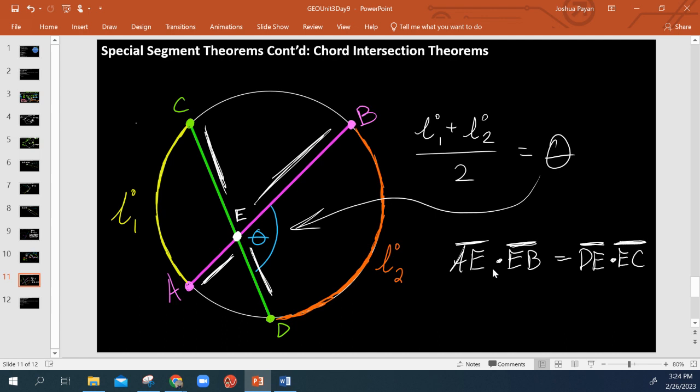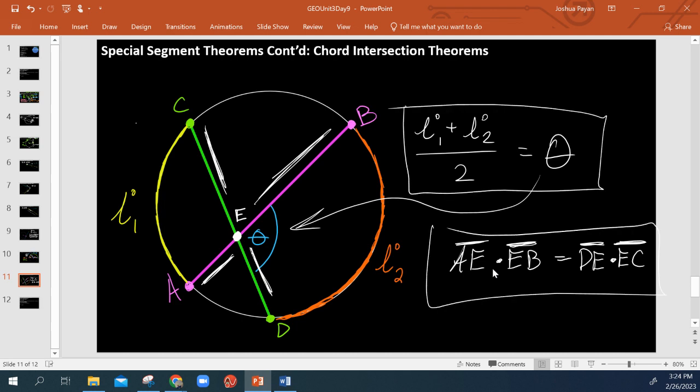Okay, so we get two theorems from the chord intersection.